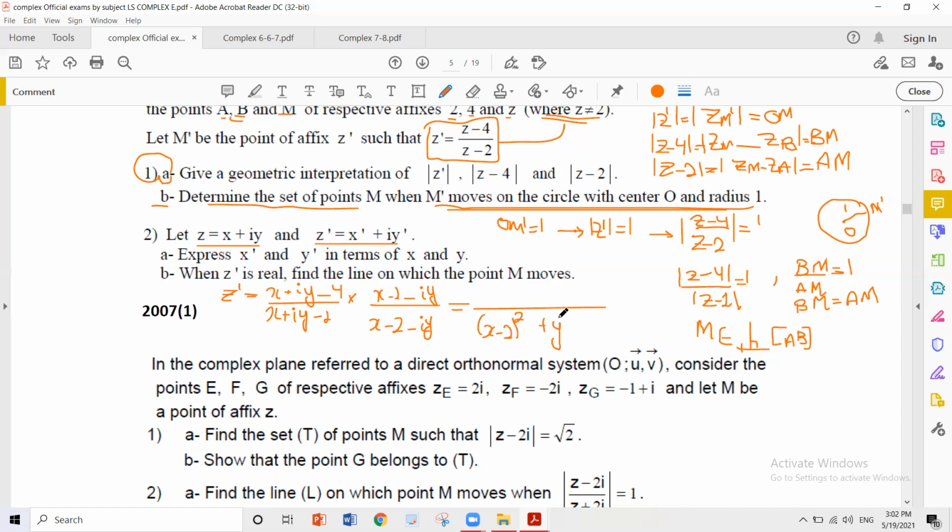Always, whenever we multiply z by z bar, we get real part squared plus imaginary part squared. Then x times x is x squared, x times minus 2 and minus 2x, minus ixy.